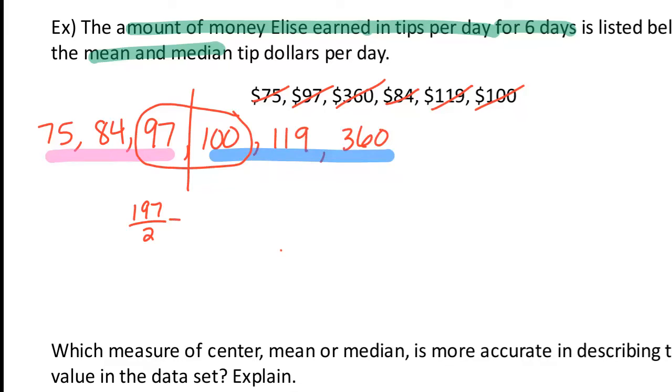Divide by 2, and that's going to give us our median value: 98.5. And if you think about the context, this is talking about money, right? So the 0.5 is really going to represent $98.50. Okay?